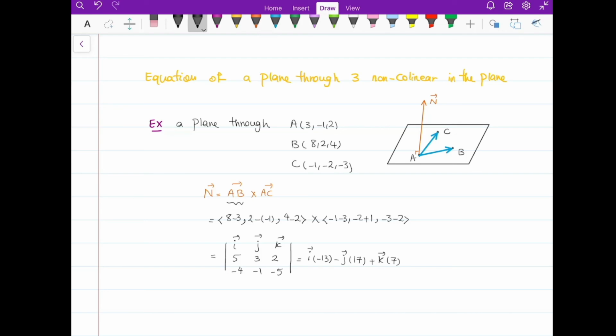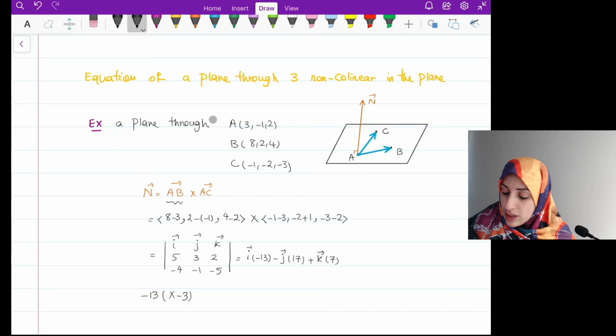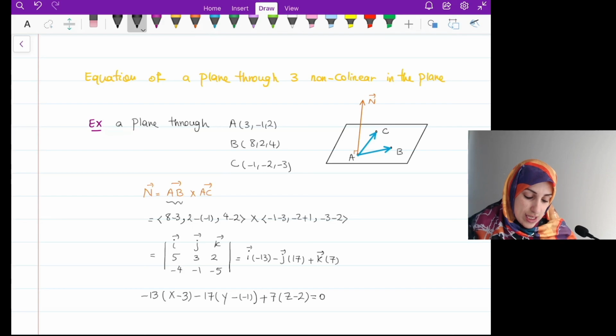Okay, and now I have the normal vector. I can choose just one of these points, so it would be -13(x minus 3). I choose point A. Minus 17(y minus -1) plus 7(z minus 2) equals 0.